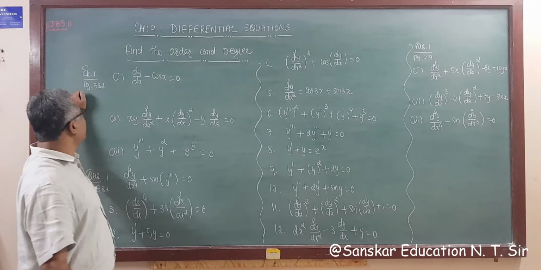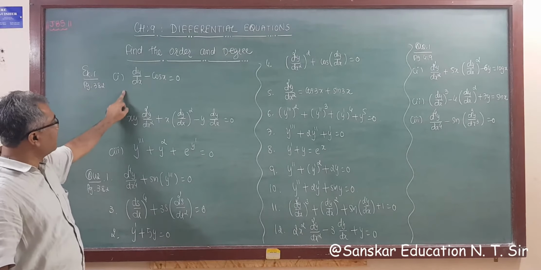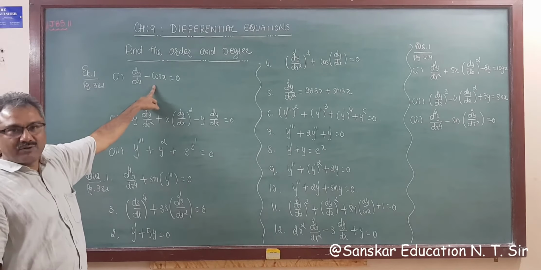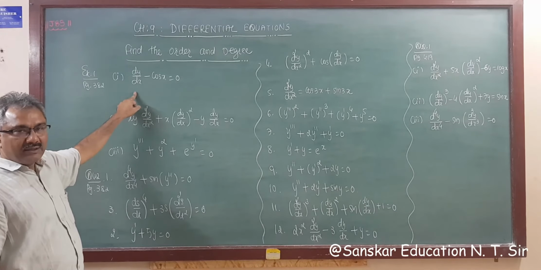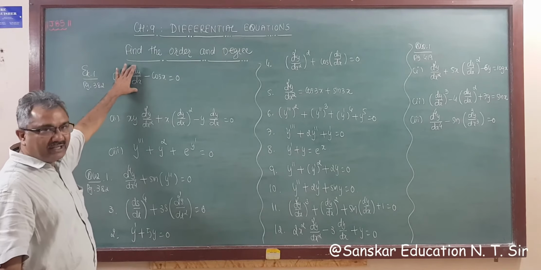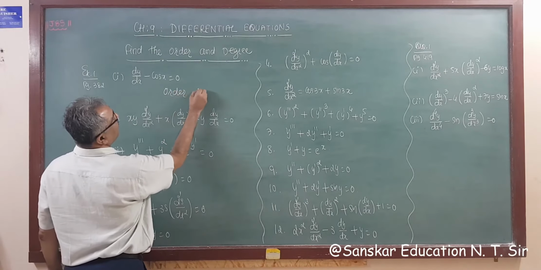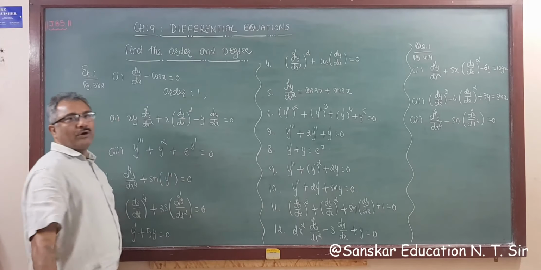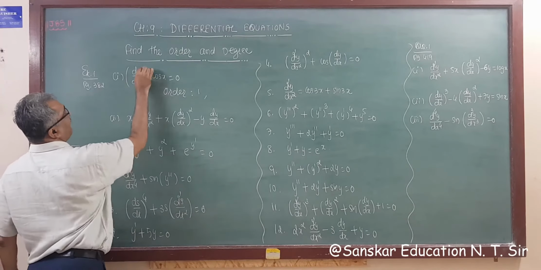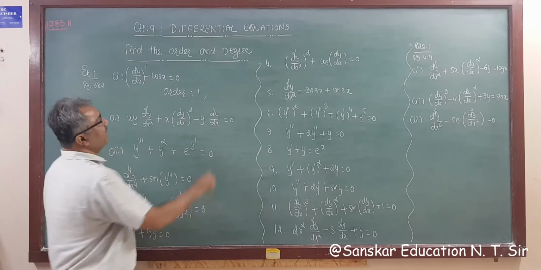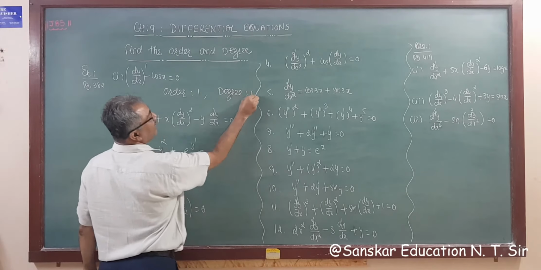So the first question is example number 1, page 382. It's dy by dx minus cos x is equal to 0. So here the highest order derivative has order 1, so the order is 1 and the power of this derivative is 1, right?